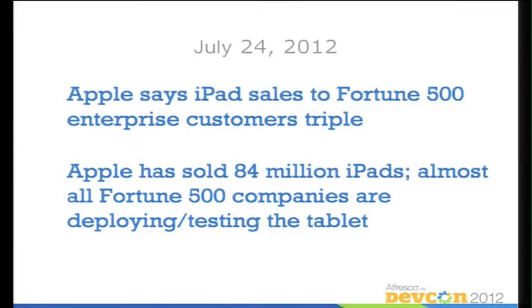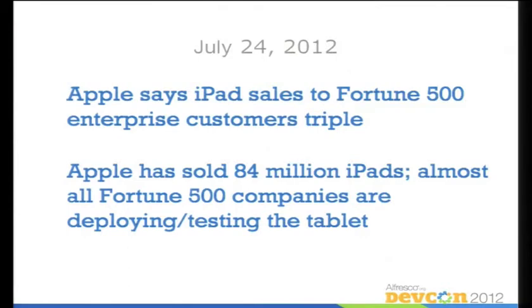So as we think about the mobile story, I have some Apple facts here, but note that we're, of course, at Alfresco as well as within Zia, thinking on both platforms. Apple has, again, these are some older facts, a few months old, so pre-iPad mini and so on. Nearly every one of the Fortune 500 companies are deploying or in some capacity testing iOS devices.